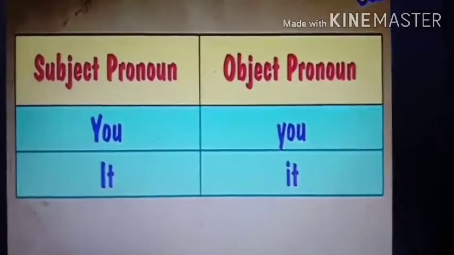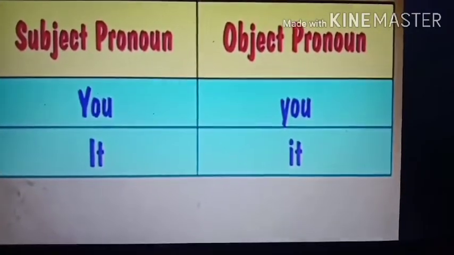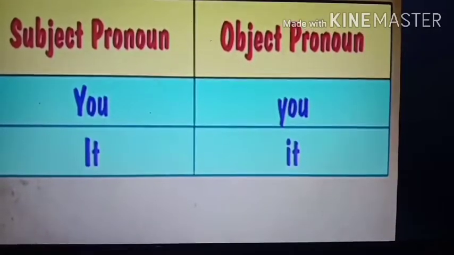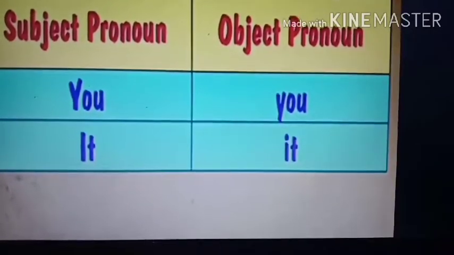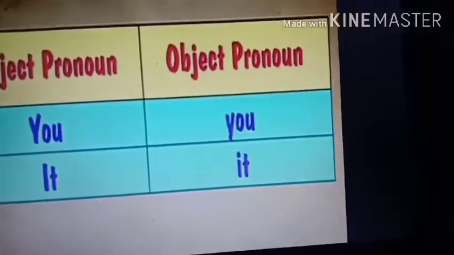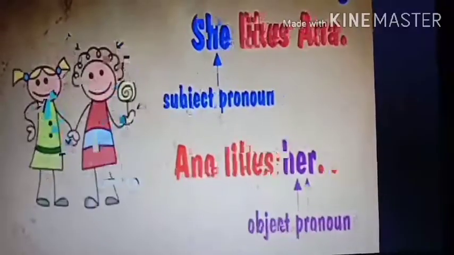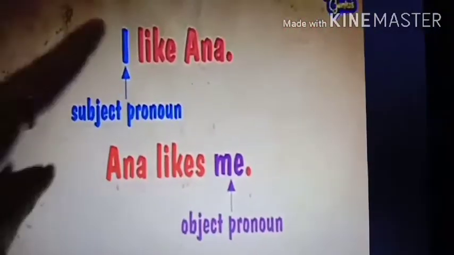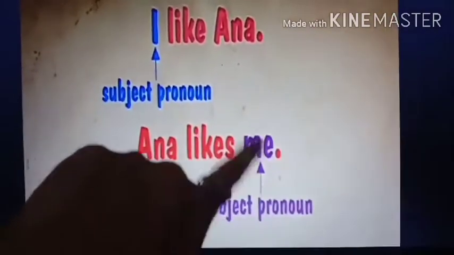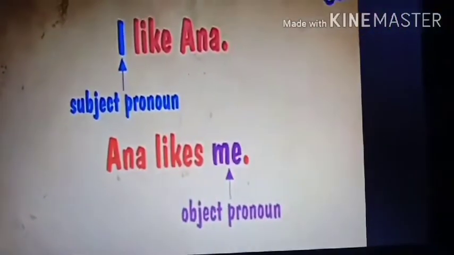Okay. Now we saw so many slides. The object pronoun for I was me. For she was her. See, I will show you the slides again, then you will understand. See, the subject pronoun I. The object pronoun of I is me.